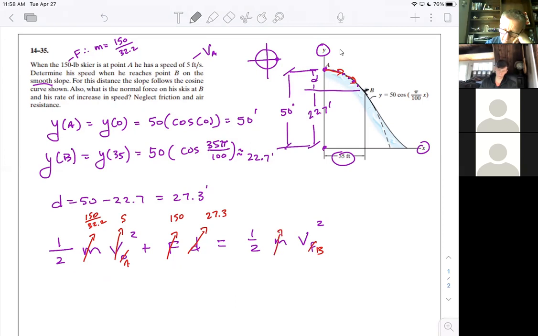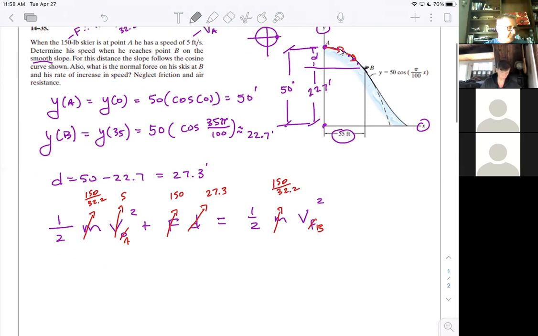And so I know my mass. So I know everything I need to know then to get my velocity at B, just based on that alone, no different than before. So 0.5 times 150 divided by 32.2 times 5 squared plus 150 times 27.3.